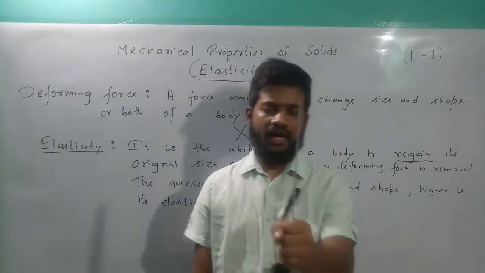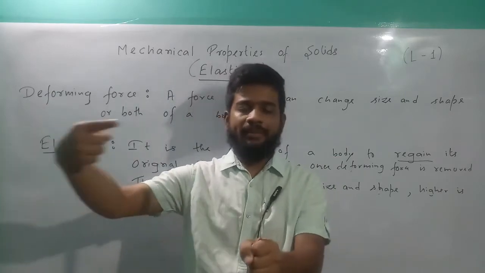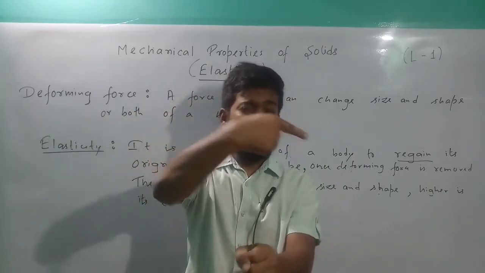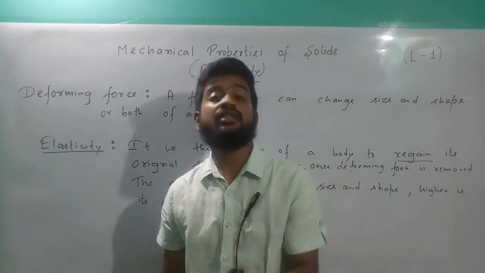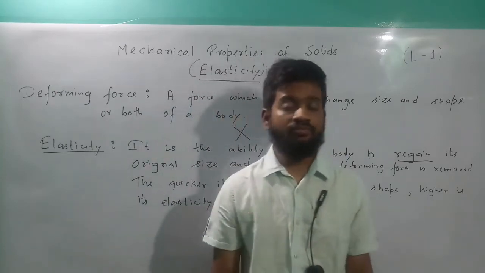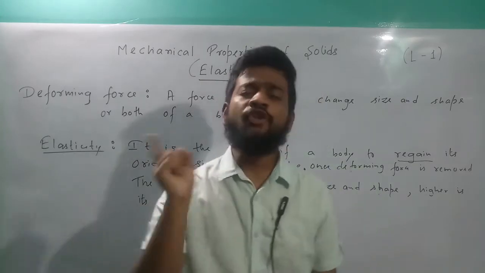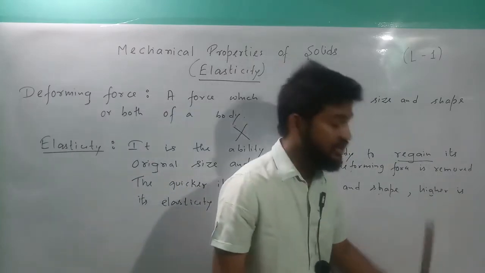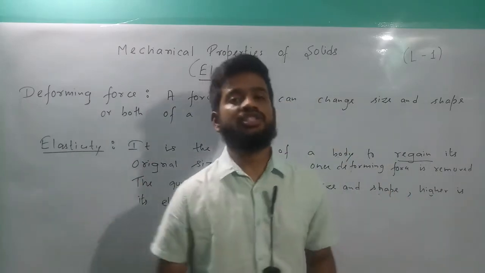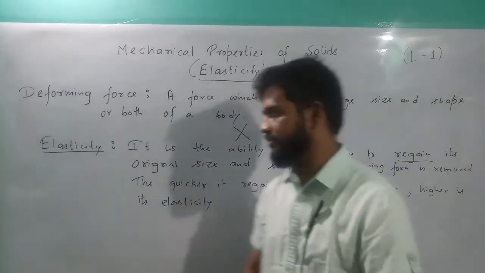I'm explaining it again. First, I apply a deforming force. Once I remove the deforming force, the body is regaining its size and shape. Thus, this body is called elastic. Elastic bodies allow deformation in them, but whenever the deforming force is removed, they will regain their original shape and size. I hope this part is clear.